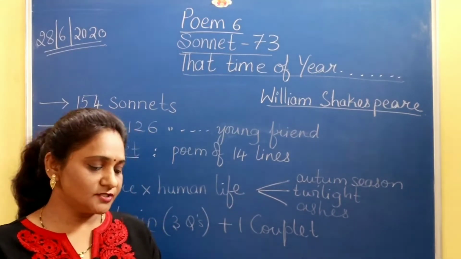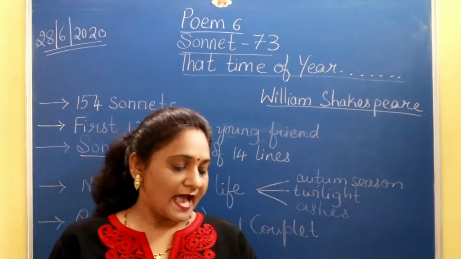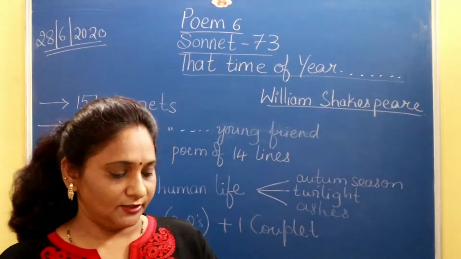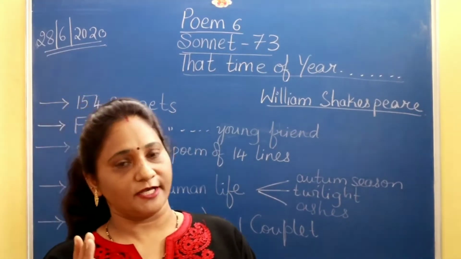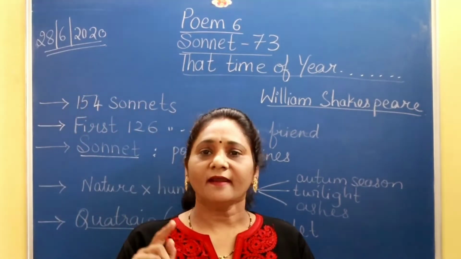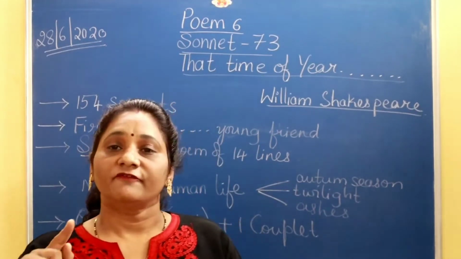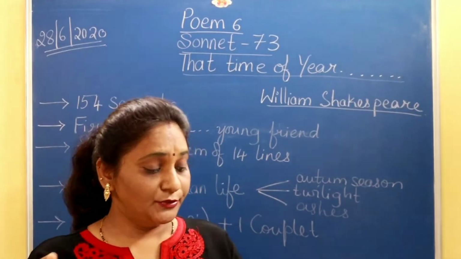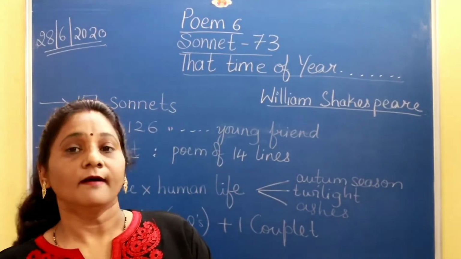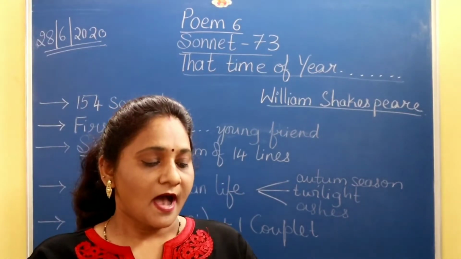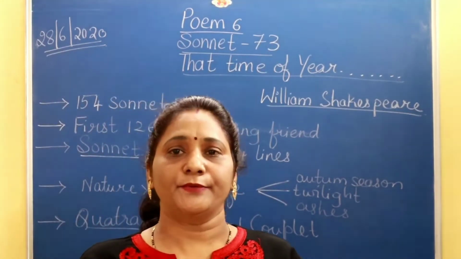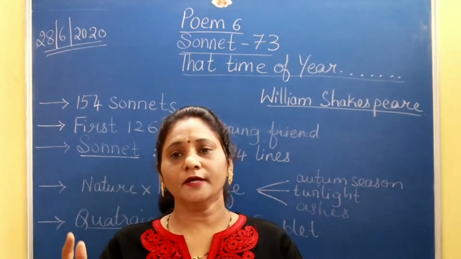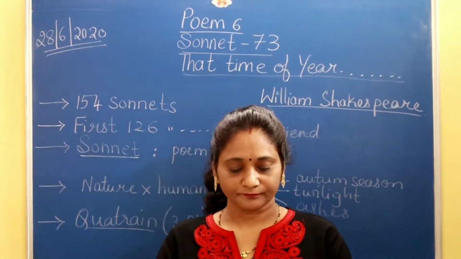As the branches are without leaves and birds, so are the churches without the choirs. Bare leafless branches where the sweet birds used to sit and sing earlier are now compared to bare ruined choirs.